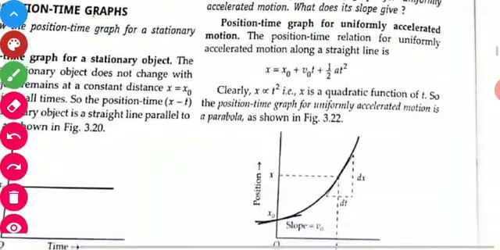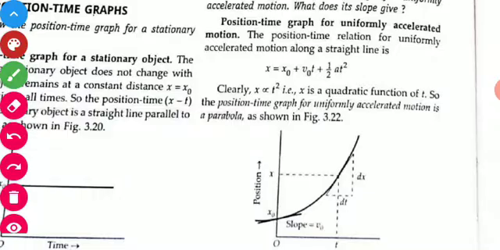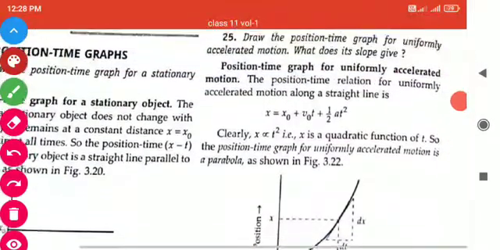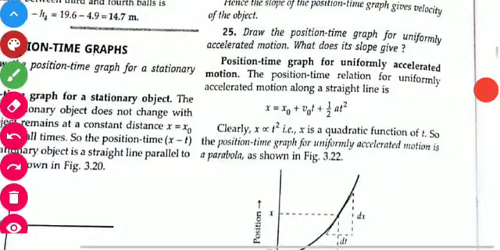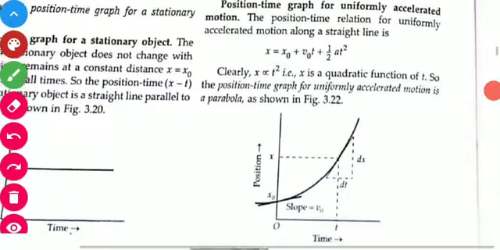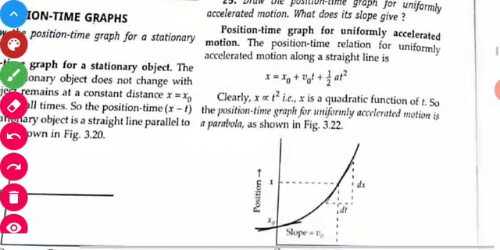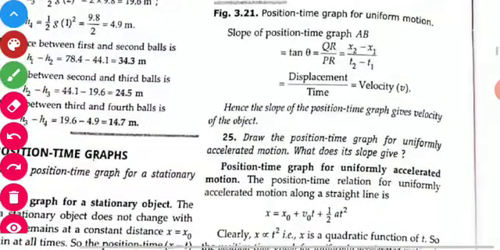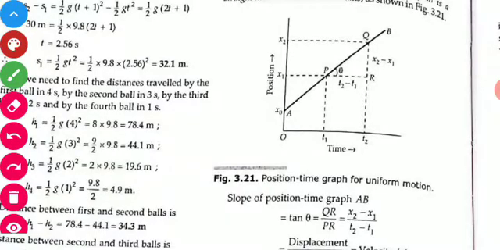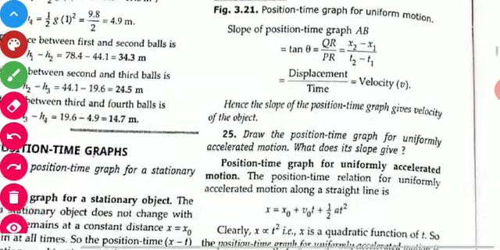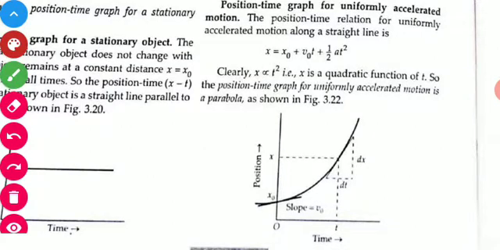Now students, here we have the third graph. It is uniformly accelerated motion. In the previous one, velocity was not changing, but in this velocity changes, because you can see easily that initially the slope is less, but as we move along the line the slope increases.